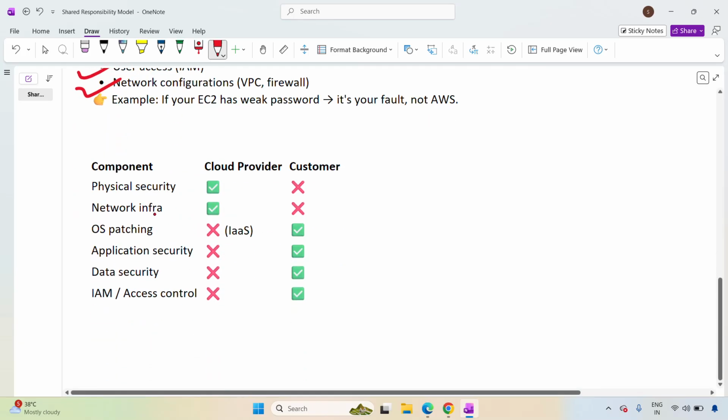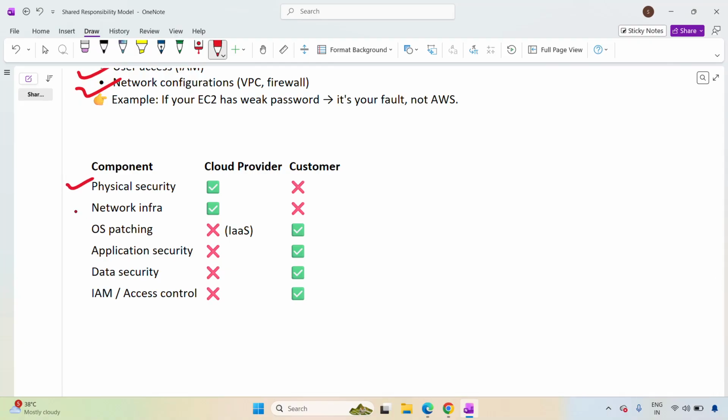When it comes to comparison, the cloud provider is responsible for physical security and for the network infrastructure. When it comes to updating the operating system at the security level, that is patching, the customer is responsible. Application security, the customer is responsible. Data security, the customer is responsible.